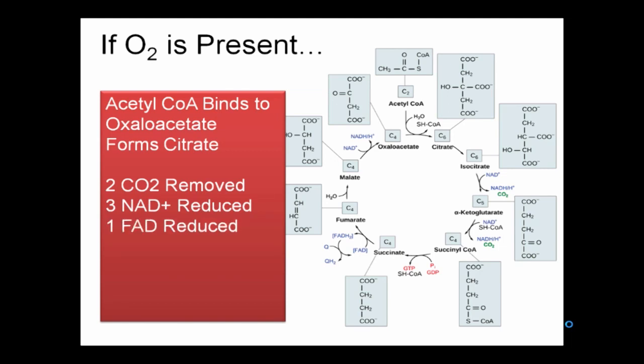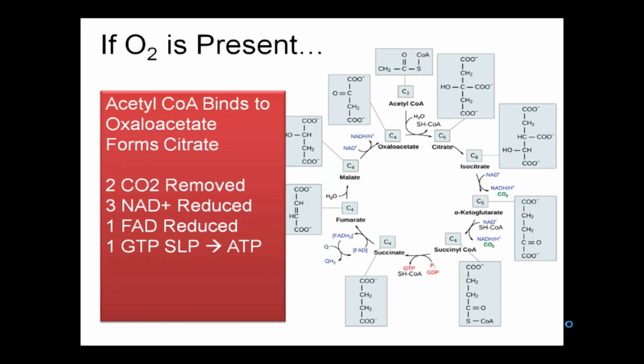For each pyruvate that is converted to acetyl-CoA, we get 2 carbon dioxides removed, 3 NADs are reduced, and 1 FAD is reduced. And then we're going to form ATP by substrate level phosphorylation. That is what SLP means, substrate level phosphorylation, but it's an indirect process.